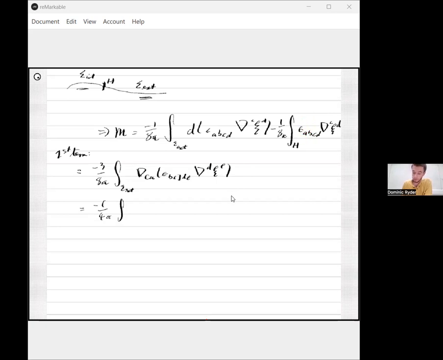Right, but then the sigma int has two boundaries, right? Because at the center of it is r equals 0. And so it's just the event horizon covering it all. It bounds the whole region.